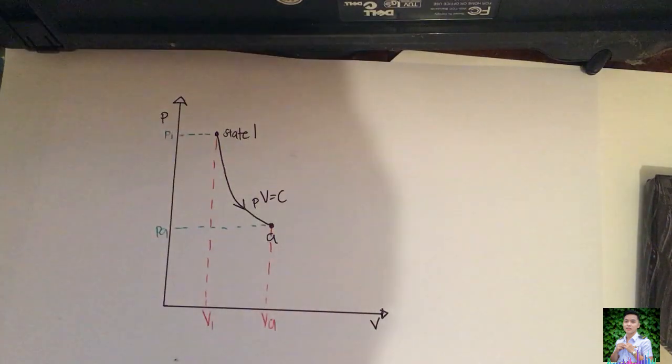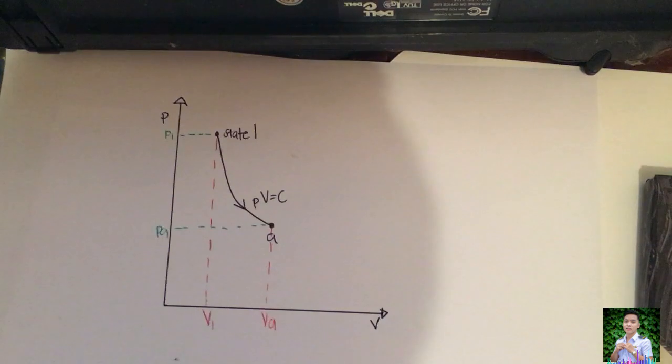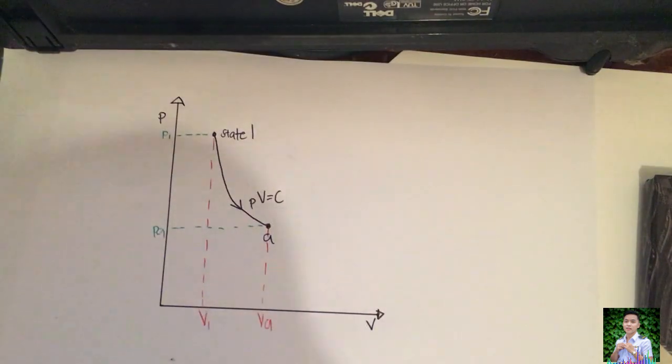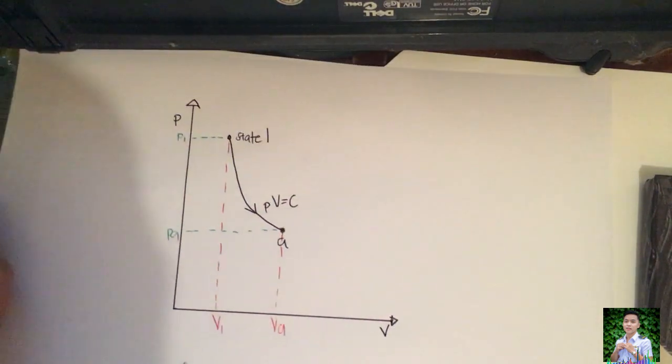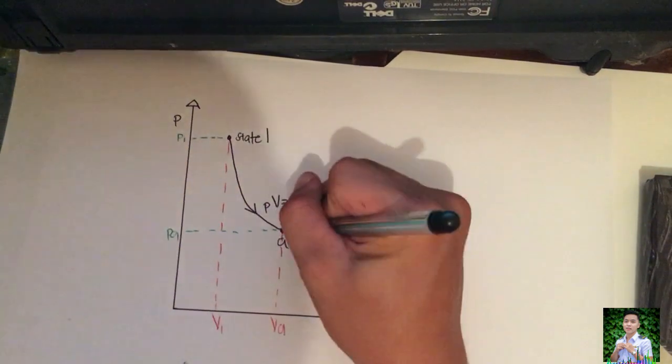So after that, from intermediate state, the properties of the system changes to its final state, or the state 2, by following the Charles' law. And the path goes like this.